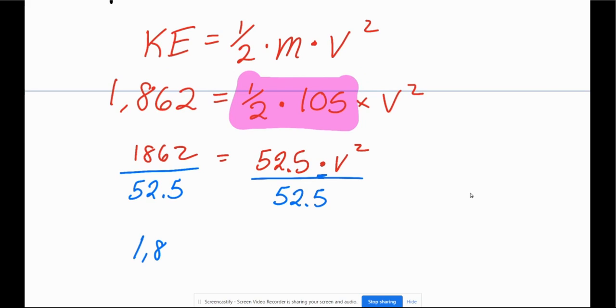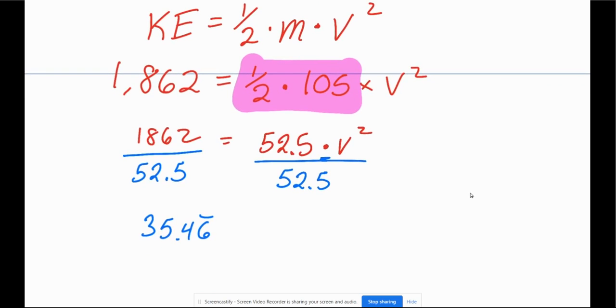Oops, I started rewriting what I was typing into my calculator. And I get 35.466666. And we can just round that up to 35.5 as v squared if we wanted to. Actually, we're going to leave it like this. Okay. Equals v squared.